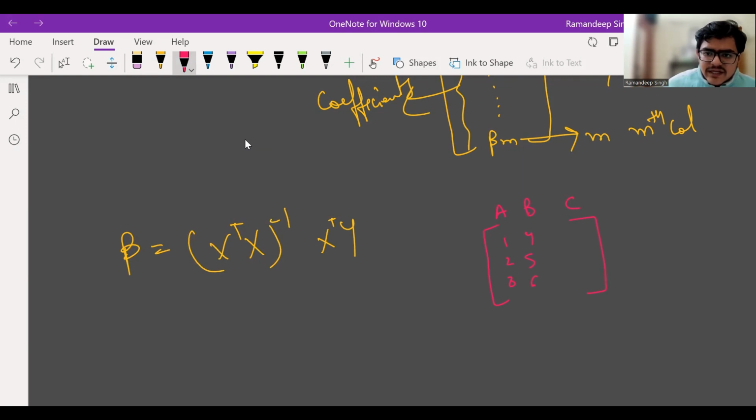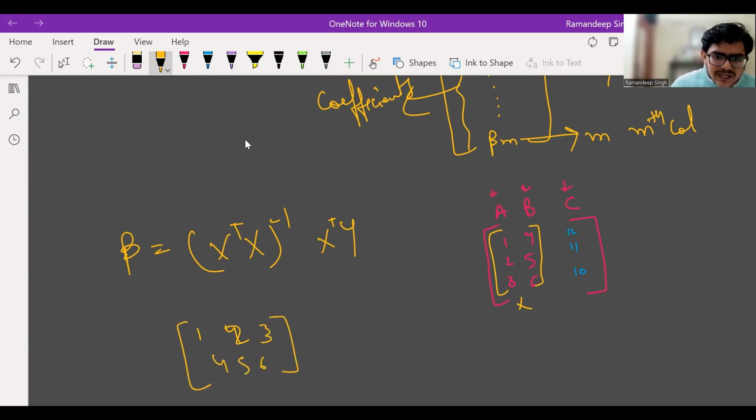Let's say it represents CGPA and work experience, and this is the placement value, with terms 12, 11, 10. So this will be my X matrix, that is my input columns. When I take the transpose of this, it will be 1, 2, 3, 4, 5, 6, and I multiply it with 1, 4, 2, 5, 3, 6.